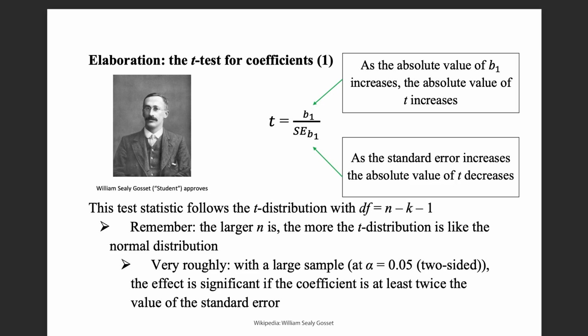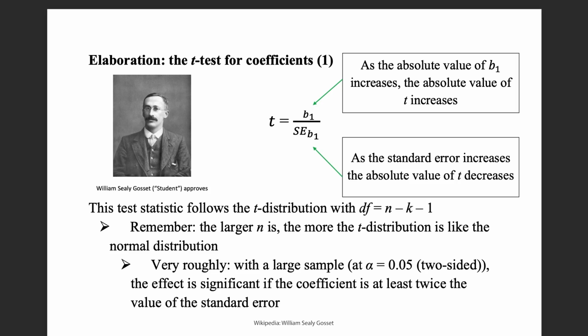Whenever you see research published somewhere and they are not giving you p-values or asterisks to indicate statistical significance, and you need a rough way to say something about where we are in terms of p-value and statistical significance, then if the sample size is large, and if we assume that we would be working with an alpha, the significance level, of 0.05 on a two-sided t-test, roughly speaking we could say the effect is significant if the coefficient is at least twice the value of the standard error.